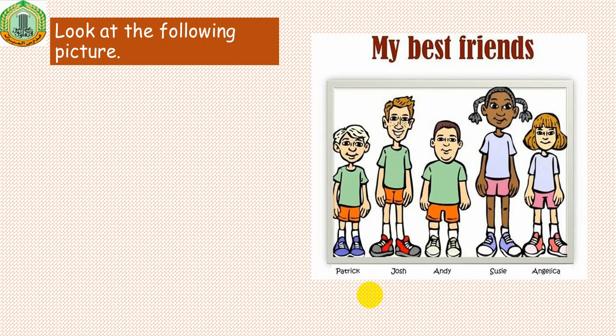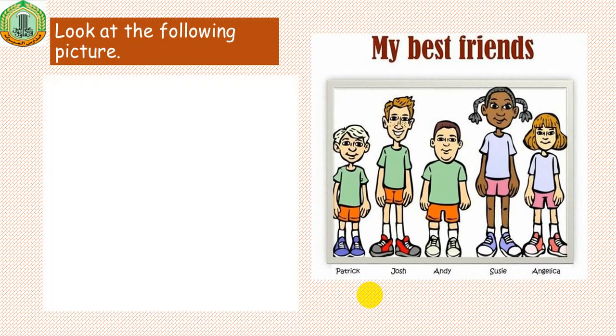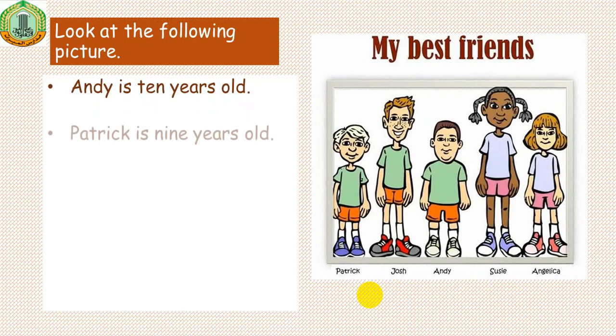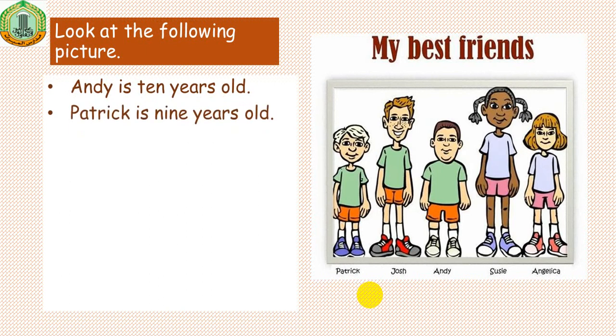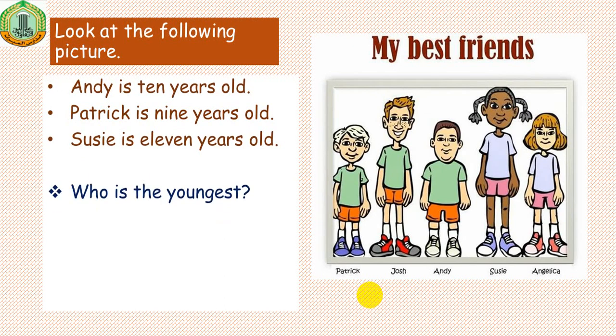Now look at the following picture. My best friends. Andy is 10 years old. Patrick is 9 years old. Susie is 11 years old. Who is the youngest? Patrick is the youngest. Here I'm comparing Andy, Patrick, and Susie.